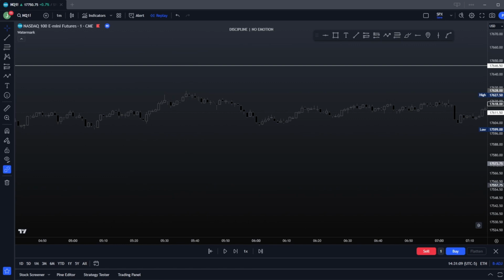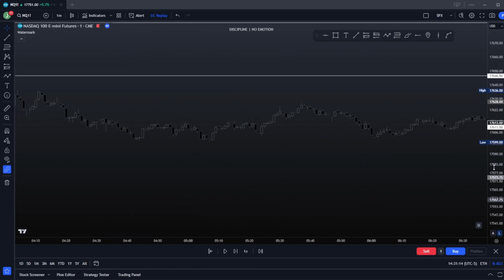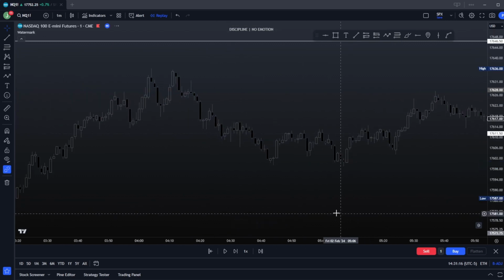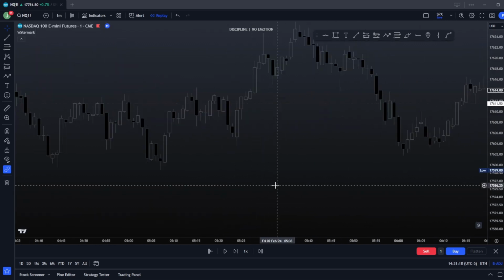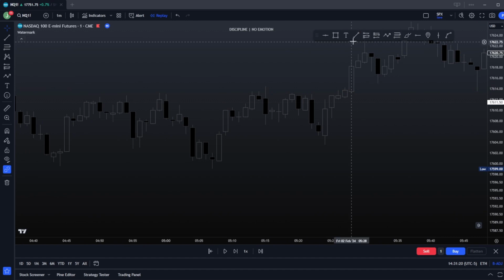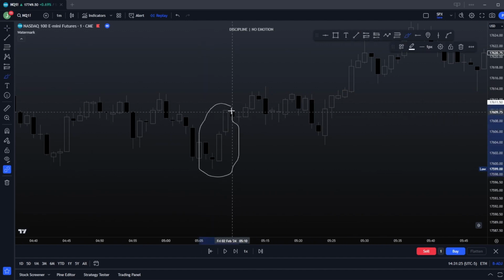Lower time frame. Okay, so if you just took a picture on a higher time frame one, it's that three candle pattern, these three candles right here, focusing on the little space between this wick and this wick.